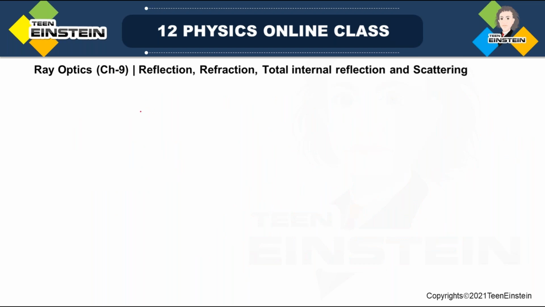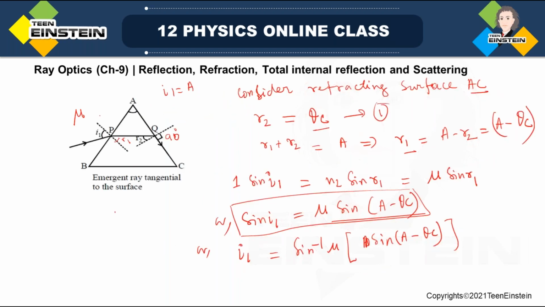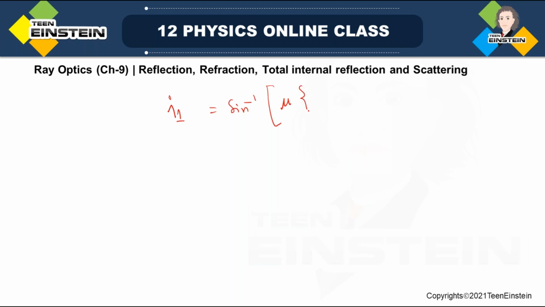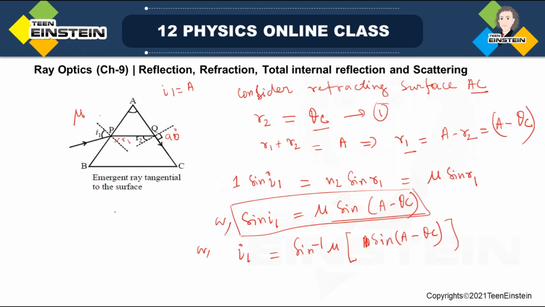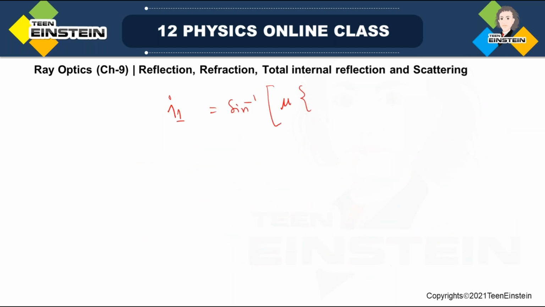Let me write this. sine I1 is equal to mu into sine of a minus theta c. So I1 is equal to sine inverse of mu into sine of (a minus theta c).